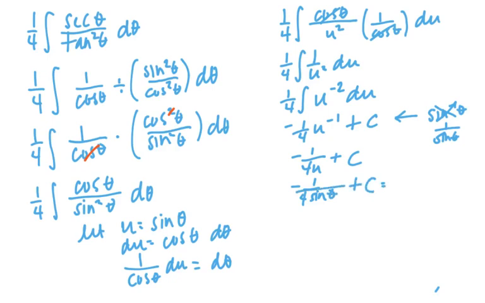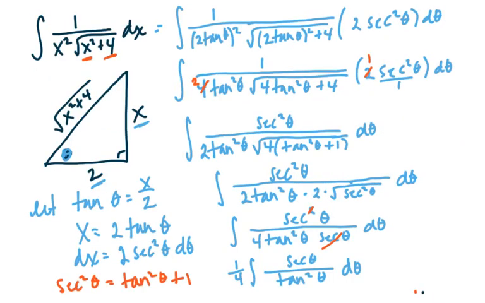Now, if we were leaving this in this answer, we would say negative 1/4 cosecant theta, plus c. But we're going to go back to our triangle. Now, when we read this triangle, we're going to read it from here. So sine of theta equals, I know we've started this several times, opposite, which is x, over the hypotenuse, the square root of x squared plus 4.